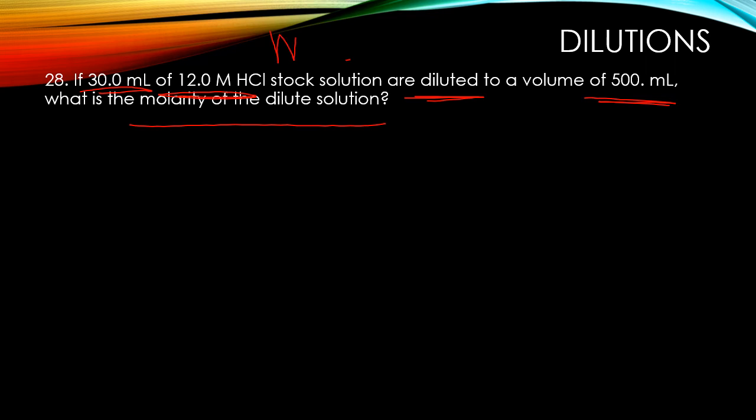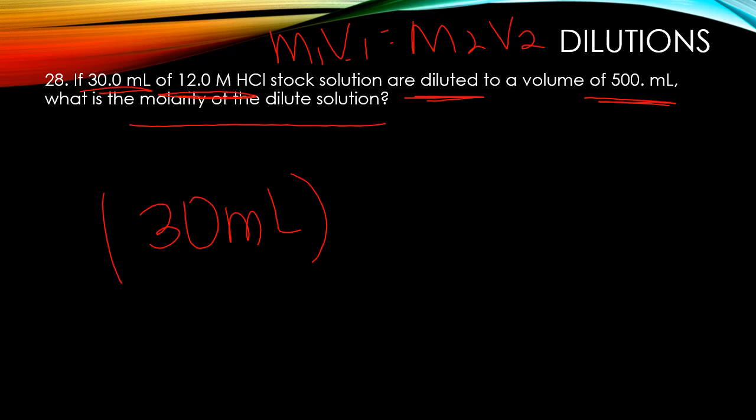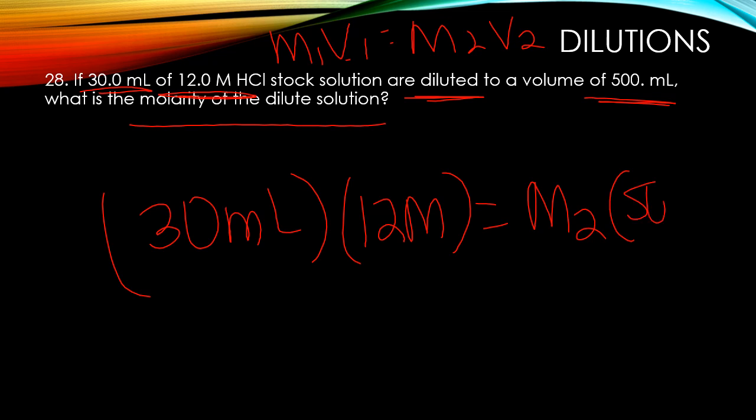It is M1 V1 equals M2 V2. So my V1, 30 milliliters, times my molarity 1, 12M, is going to equal, I'm looking for M2 times 500 milliliters. 30 times 12 is 360, I should probably know that, but oh well.